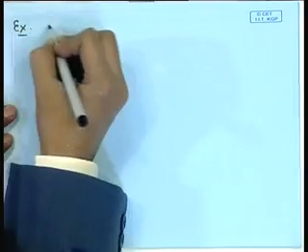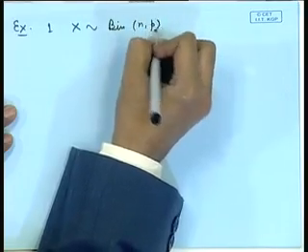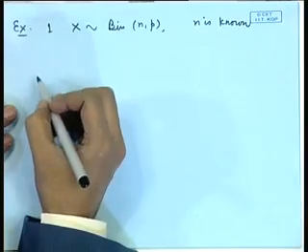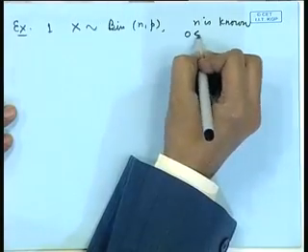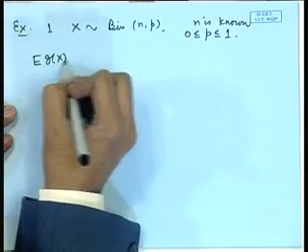So, let us take, say, X follows binomial(n, p), where n is known and p is the parameter. Let us look at expectation of g(X) equal to 0.